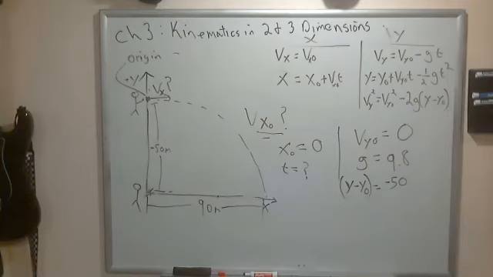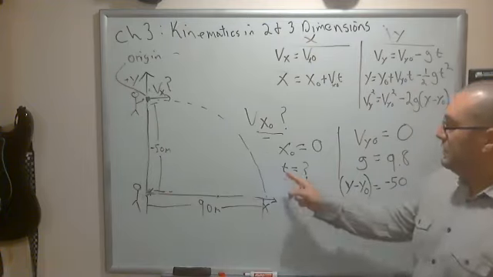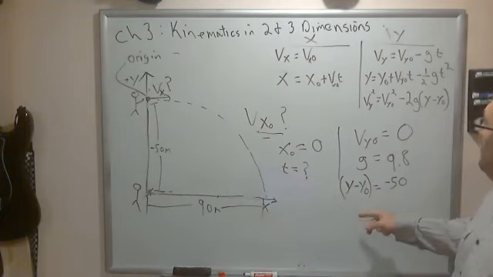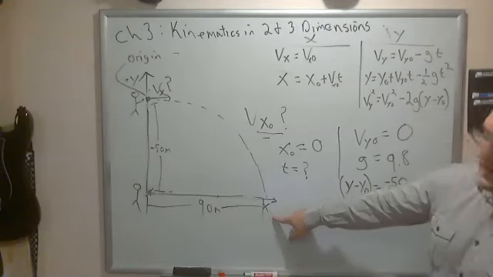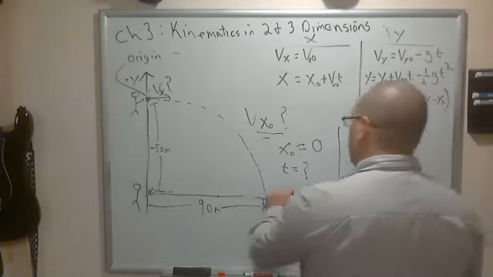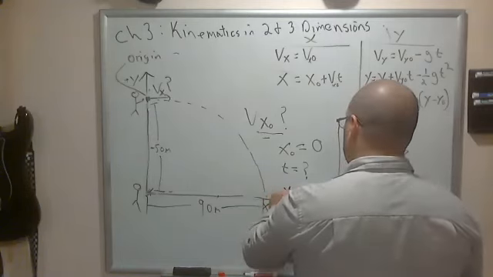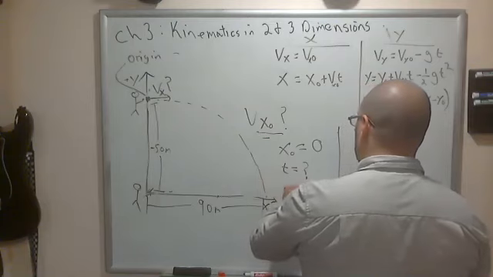So now, let's see. How many unknowns do we have? We also know x, right? It's 90. Yeah, let me write that down. I didn't write that down. Okay.